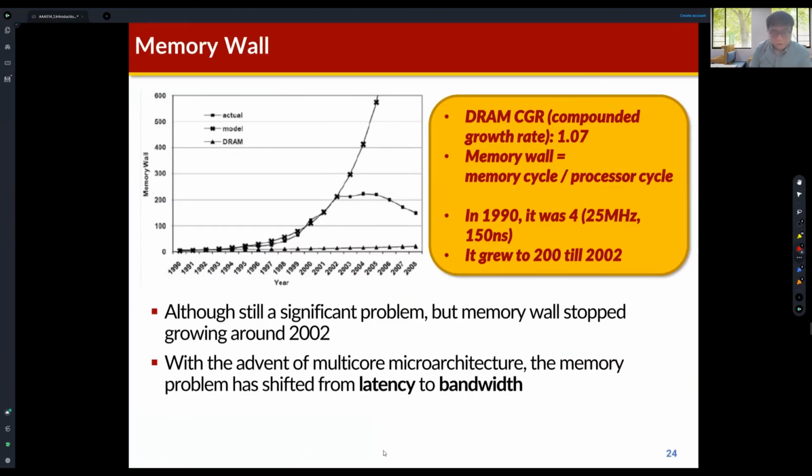But recently, the more important factor in the memory system is bandwidth. Processors include many cores; the recent Xeon has about 20 to 30 cores. These cores are connected to the RAM via a memory controller.